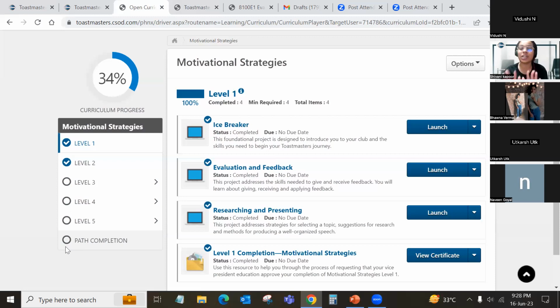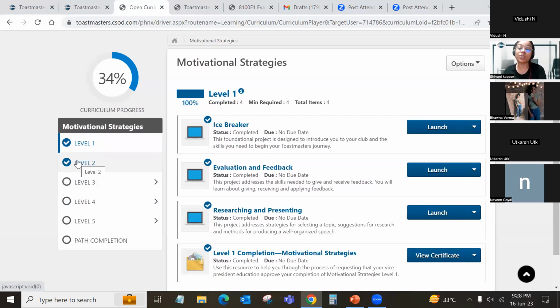And to answer Naveen's question, how much time it takes ideally to complete one level, it should be 3 months, 4 months. And to complete an entire path, it's good to do it in 1.5 years or so. And it's totally up to you.